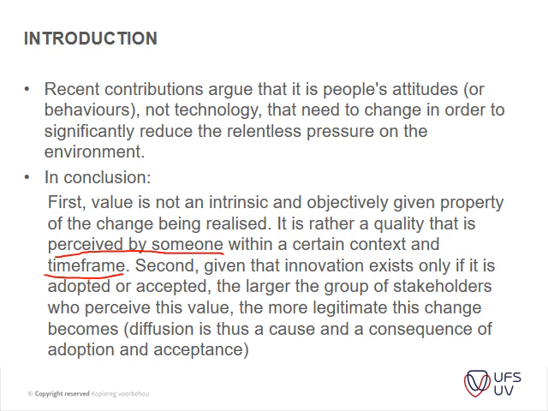Secondly, given that innovation exists only if it is adopted or accepted, the larger the group of stakeholders who perceive this value, the more legitimate the change will become. Diffusion is thus a consequence of adoption and acceptance. So it's a public buy-in into this new technology. For instance, solar energy.